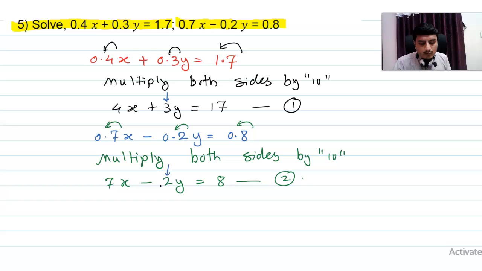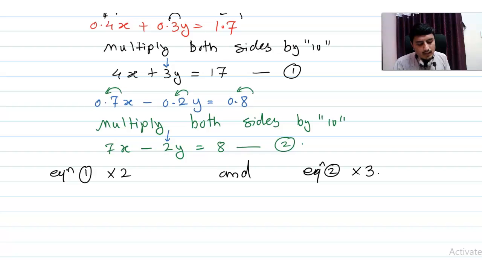For that we first have to make the coefficients of y in equations 1 and 2 identical. 3 and 2 have the LCM 6. 3 twos are 6, so we multiply equation 1 by 2. In equation 2 the coefficient of y is minus 2, and 2 threes are 6, so equation 2 should be multiplied by 3.